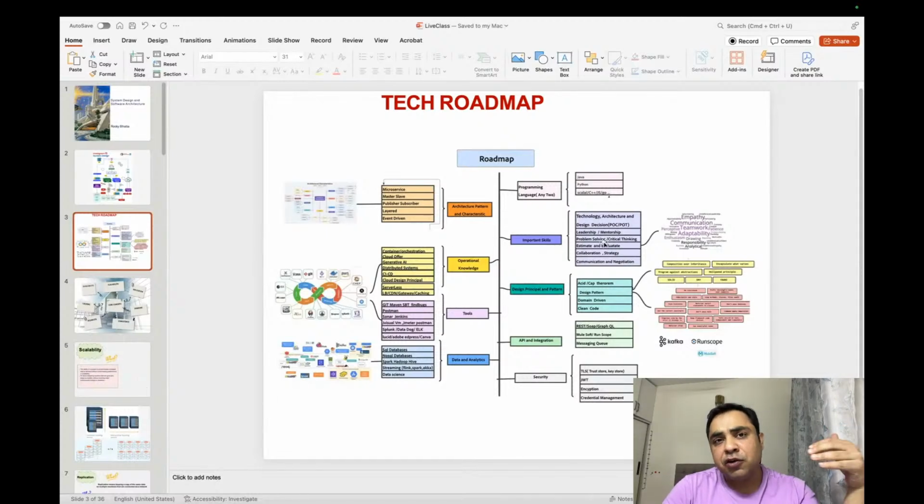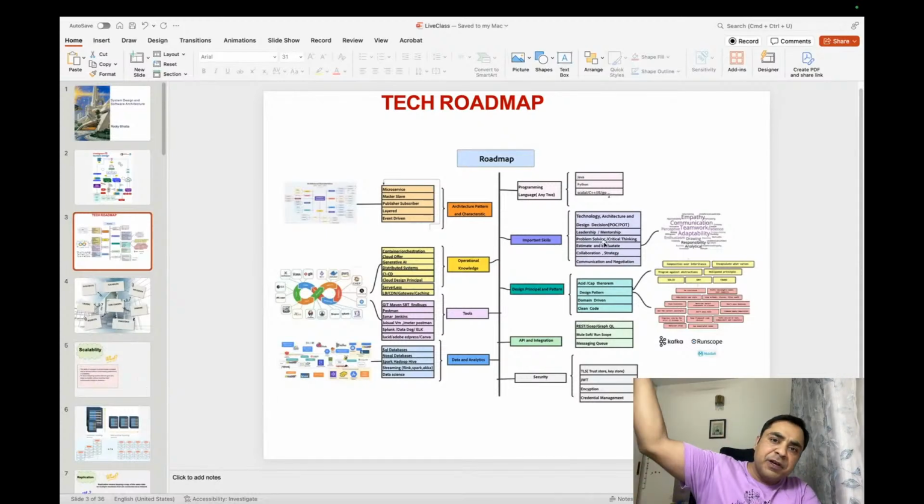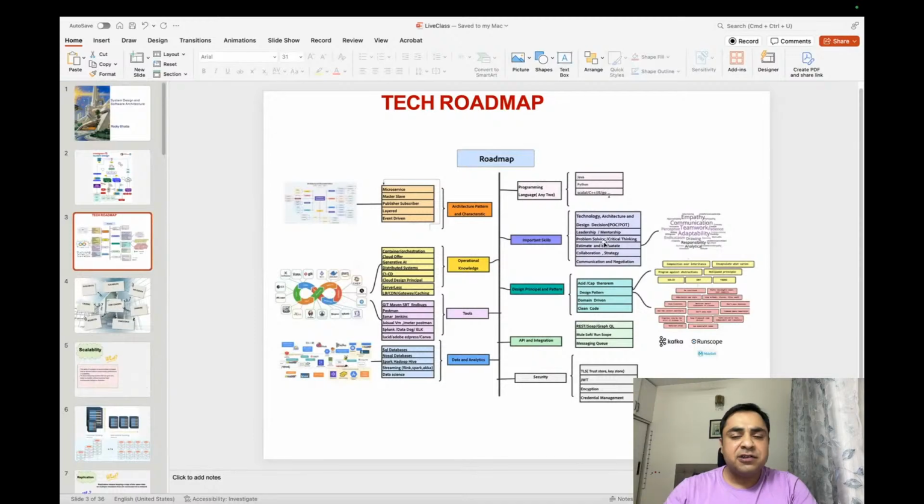And these are the soft skills which are required in a career. It's not that only when you become an architect, or when you go into that position, you need certain skills. Right from the very first day, a few soft skills are very much required in our career, whatever role you're doing. So first, you should be able to take complete ownership. You should be able to communicate effectively.